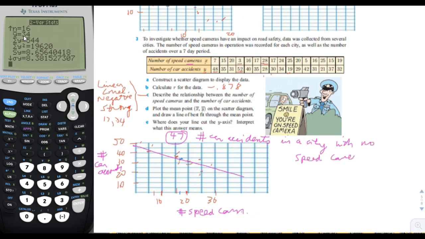So if you have no speed cameras, you would have 47 car accidents. And if you have an increased number, then you would have fewer car accidents. It says to draw a line of best fit, but it never tells you to find the equation of the line of best fit, so we don't need to do that. Okay? So that's it for this page.